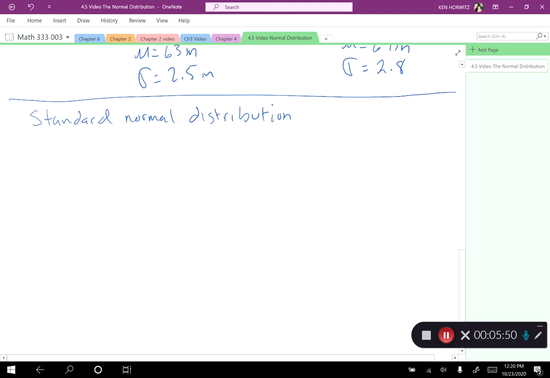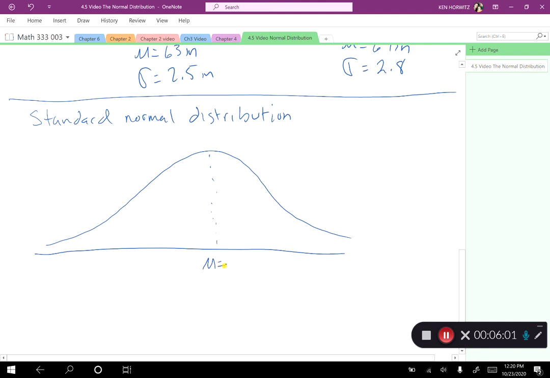So the standard normal distribution, again, would be still bell-shaped. The center would be in the center, and your mu would be 0. Your standard deviation would equal 1. All right, and the total area still equals 1.